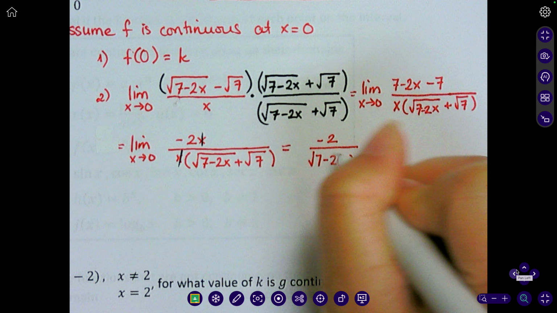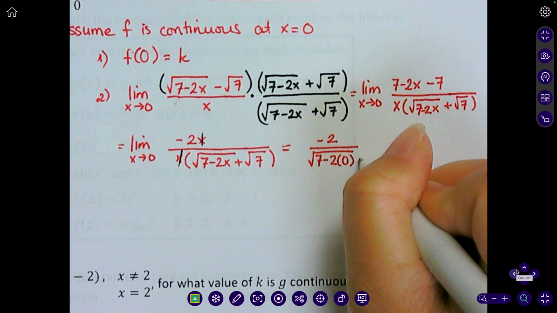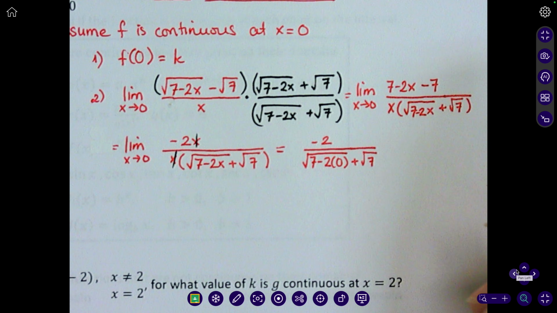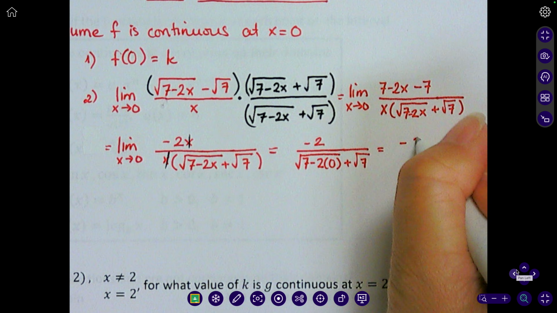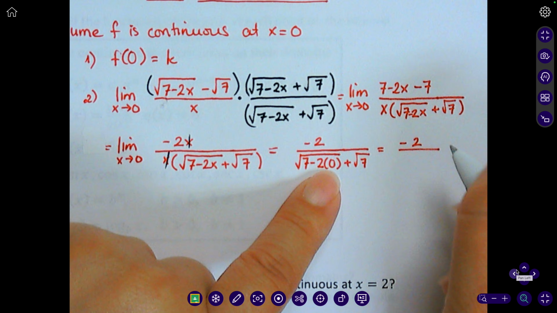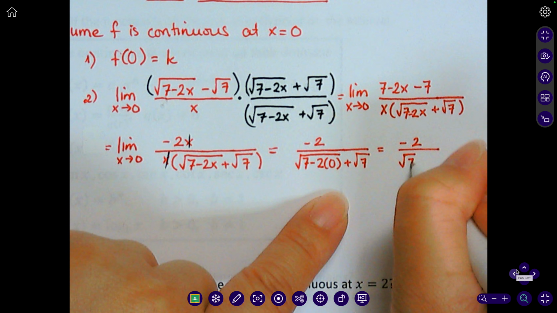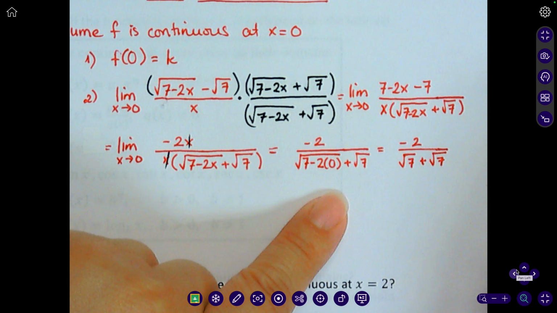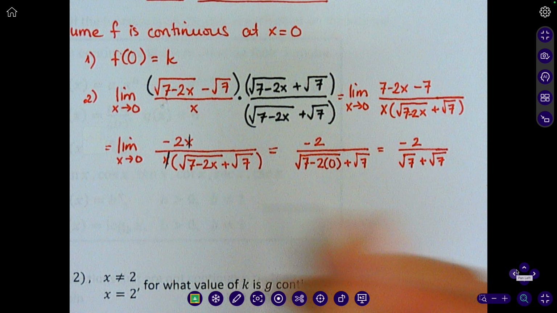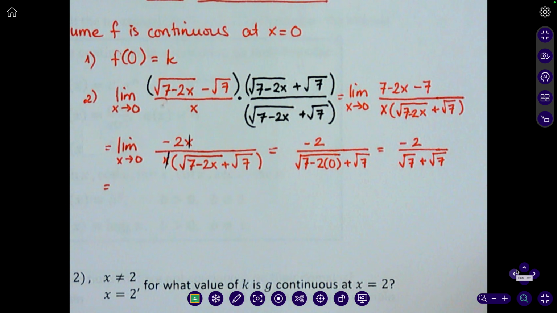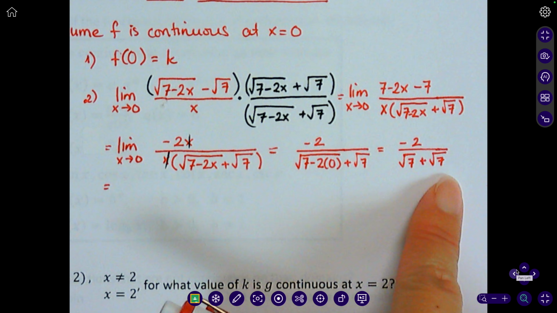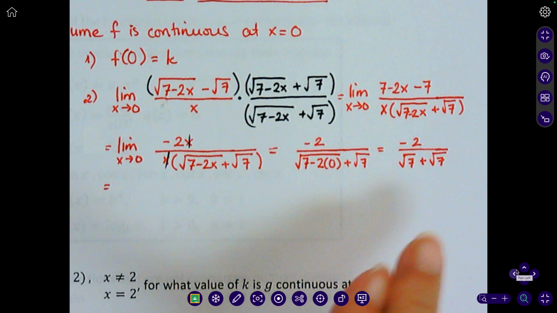This is 2 times 0. And then plus the square root of 7. Like that. That's going to be 0. So I have the square root of 7 plus the square root of 7. The square root of 7, add another square root of 7 is 2 the square root of 7.